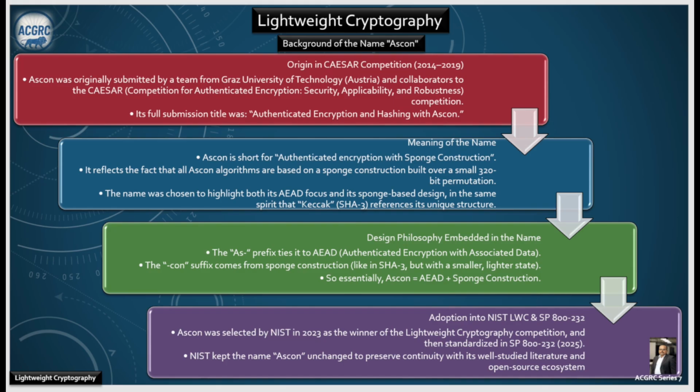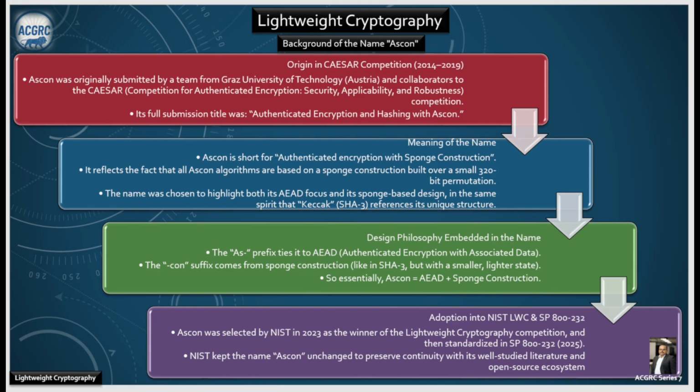The design philosophy embedded in the name is: the AS prefix ties to the AEAD, which is the authenticated encryption with associated data, and the CON suffix comes from the sponge construction, as is the case in SHA-3, but with a smaller, lighter state. So essentially, Ascon is the AEAD plus sponge construction.